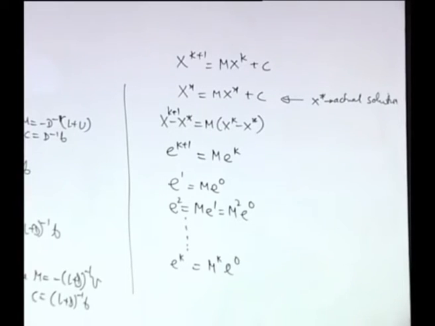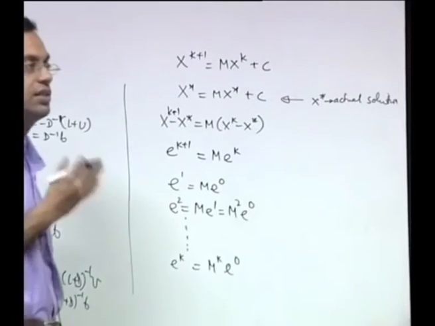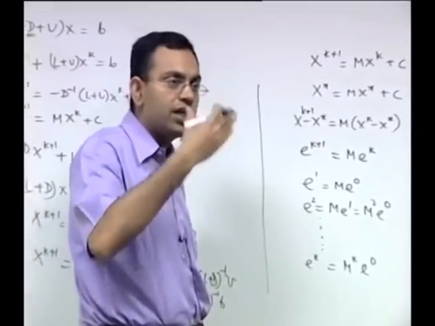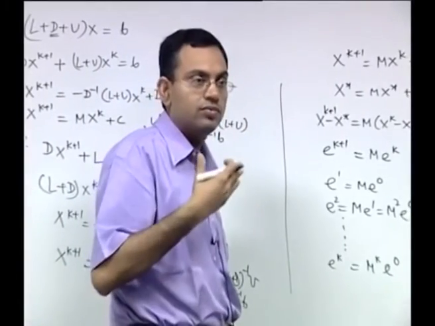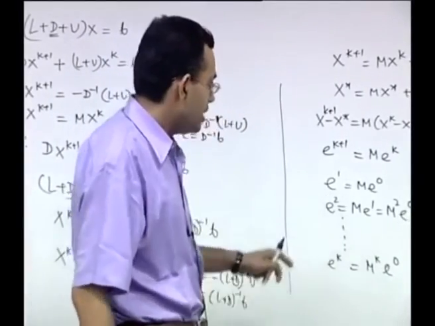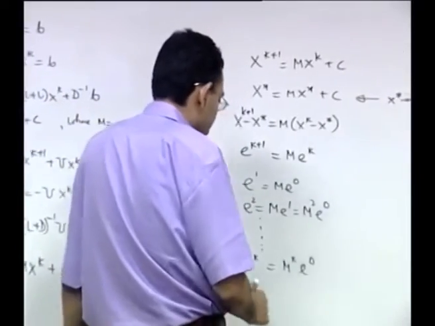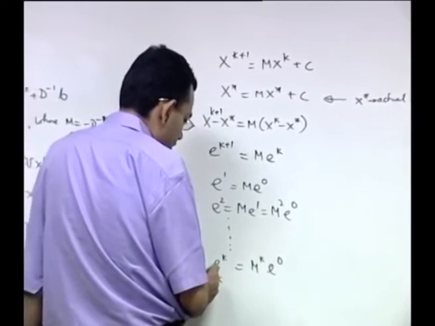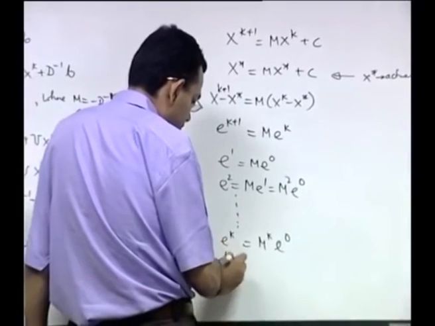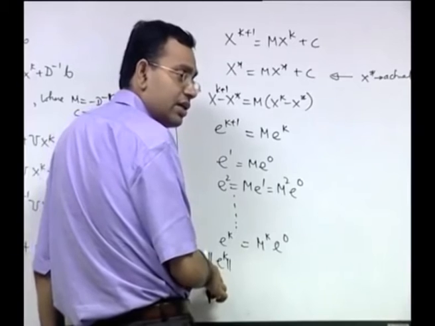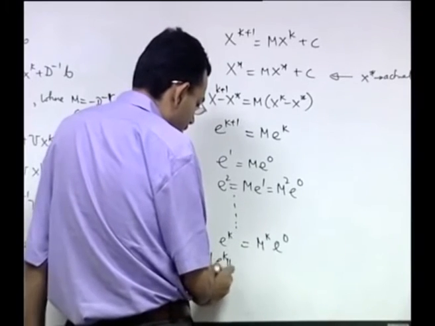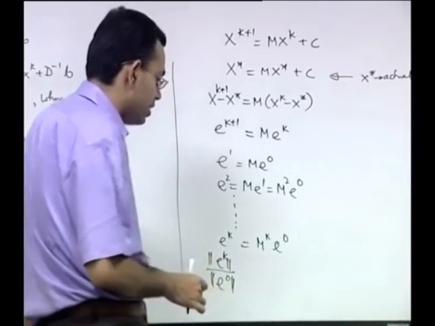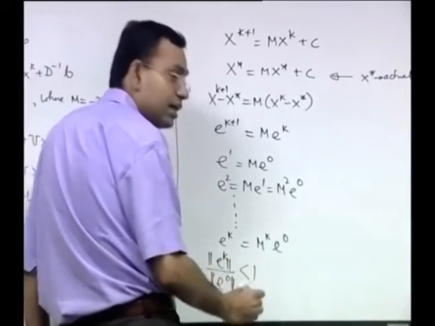So, when do you expect the solution to converge? You expect the solution to converge when in the subsequent steps the error goes down. So, you must have the error in the kth step, possibly the norm of that, because this error is a vector, divided by the error in the 0th step, that is to begin with. This ratio must be less than 1.